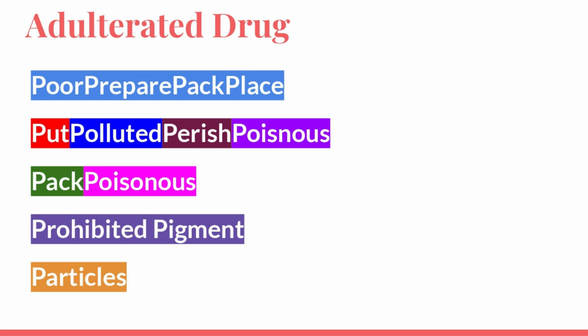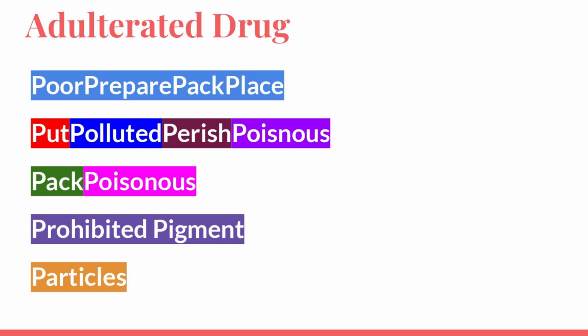Next activity is the adult person will pack the drugs in poisonous containers. That also makes the drug an adulterated one. And the same person will add prohibited pigments in the drug, which makes it adulterated.